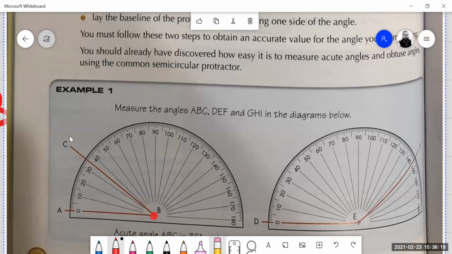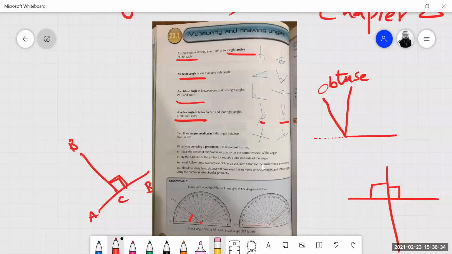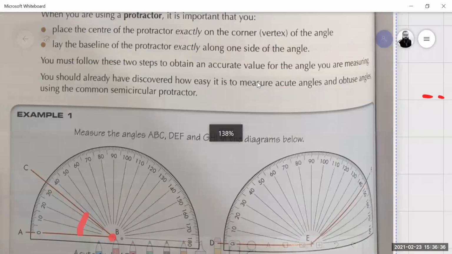This C is at point 1, 2, 3, 4, 5, 6. So this angle is 36. Is it clear?